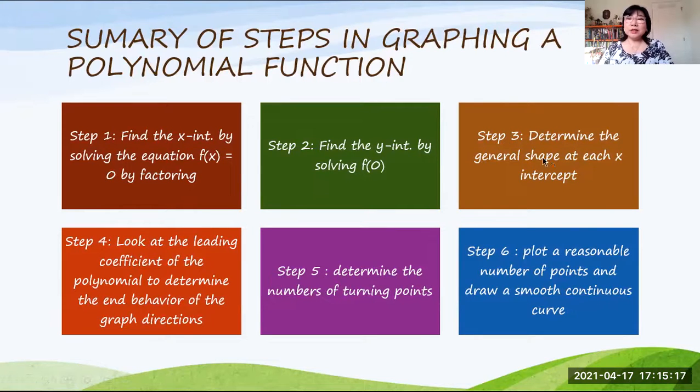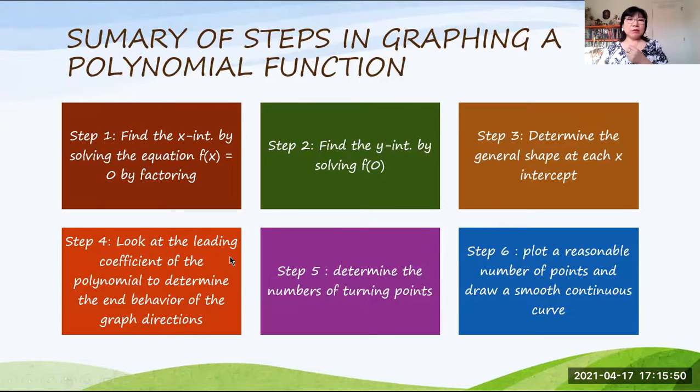Step 3, determine the general shape at the x-intercept. I believe this step 3 is to show you how to find the multiplicity, right? At each x-intercept, you will define what the shape of the polynomial looks like. Does it look like multiplicity 1 or 2 or 3? We just went through that.